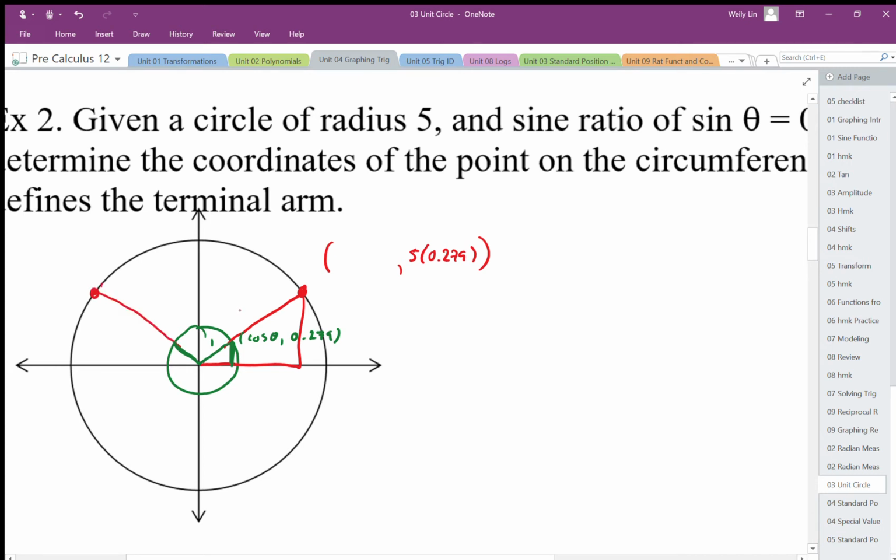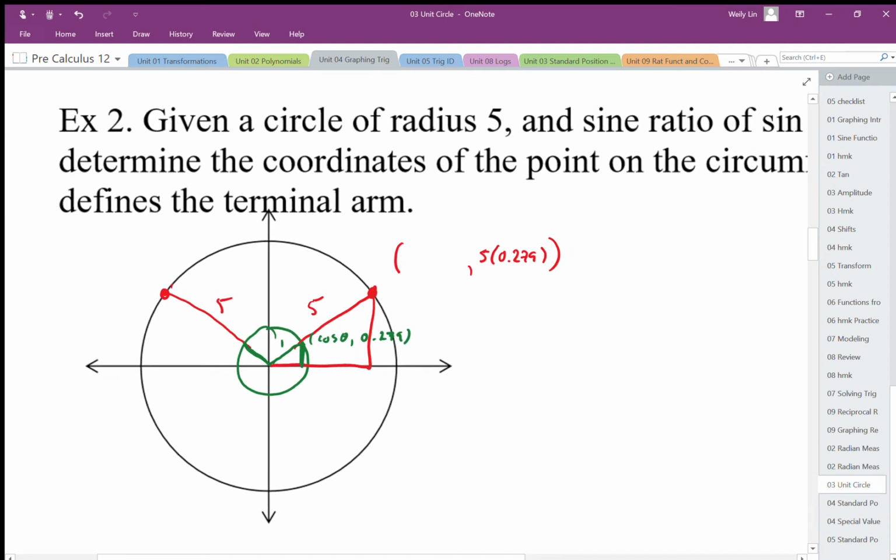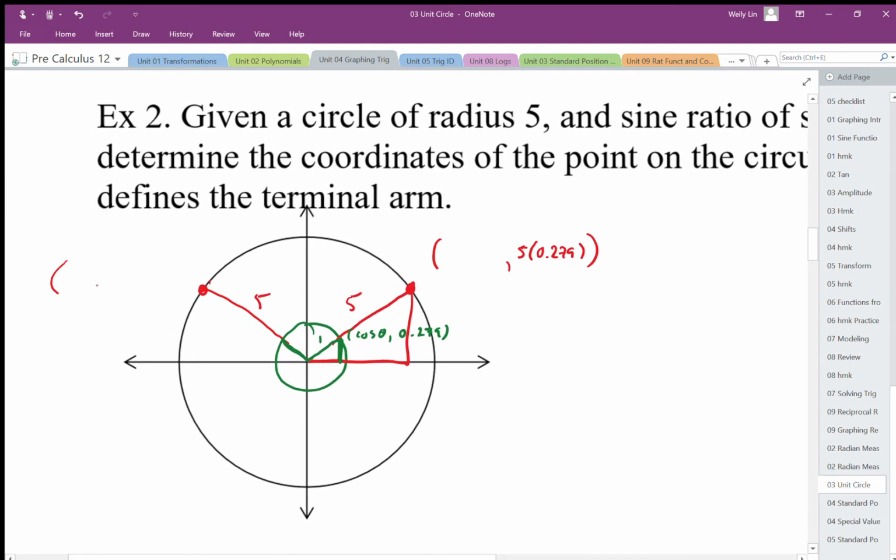Then the y coordinate is, again, 5 times the original unit circle point. I could establish those coordinates and work out those positions on the radius 5 circle by just using that unit circle as a unit rate and scaling it up or down.